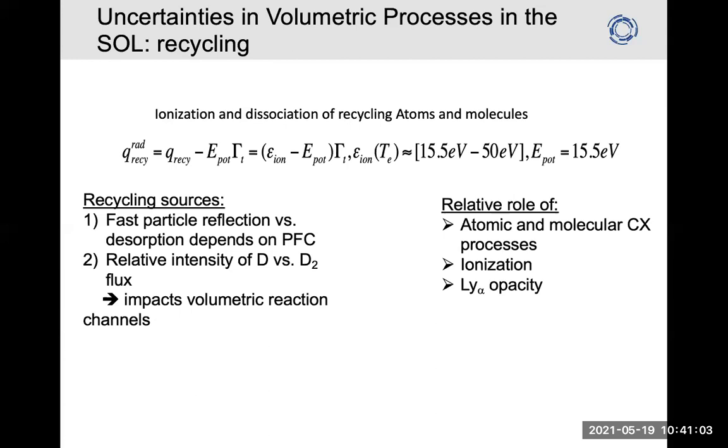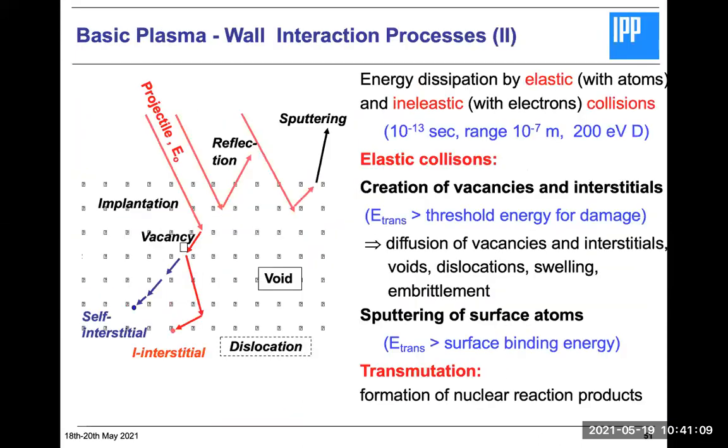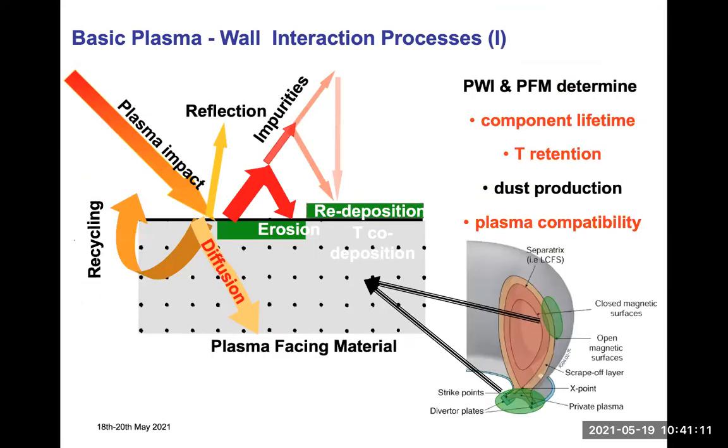So in this figure, where I talk to you about these plasma wall interactions, you could see here, I hope you can see the arrow also online. So you could see here the plasma impacting, and then the fueling species come back as reflected particles or as recycled particles.